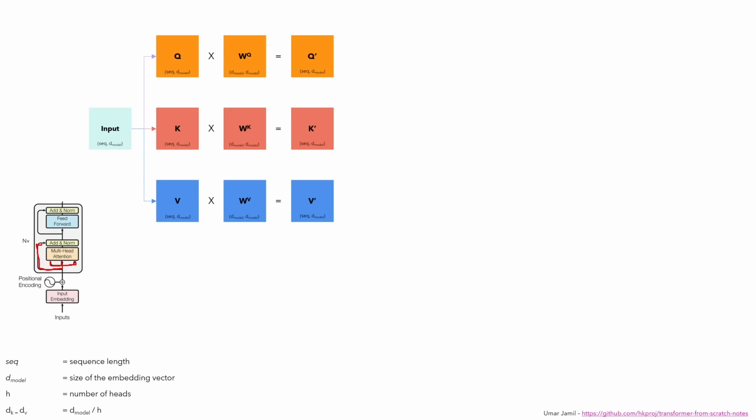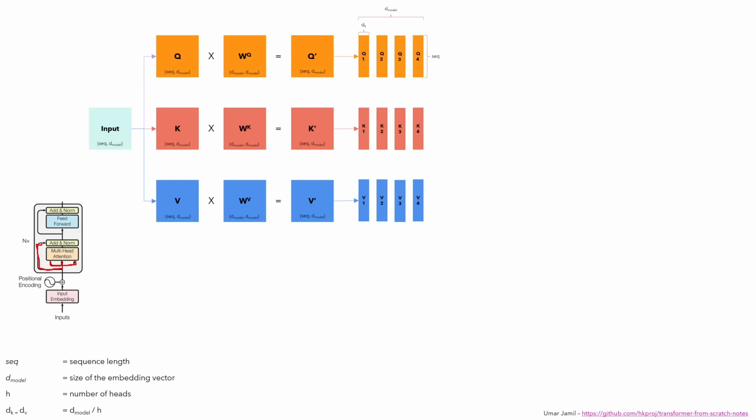Our next step is to split these matrices into smaller matrices. Let's see how. We can split this matrix Q prime by the sequence dimension or by the D model dimension. In the multi-head attention, we always split by the D model dimension. So every head will see the full sentence, but a smaller part of the embedding of each word.